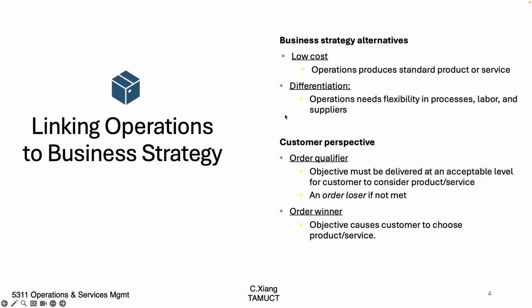We typically classify performance dimensions into three categories: order winners, order qualifiers, and, in a very special case, order losers. Order winners are the factors that cause customers to choose one firm, ideally your firm, over its competitors.